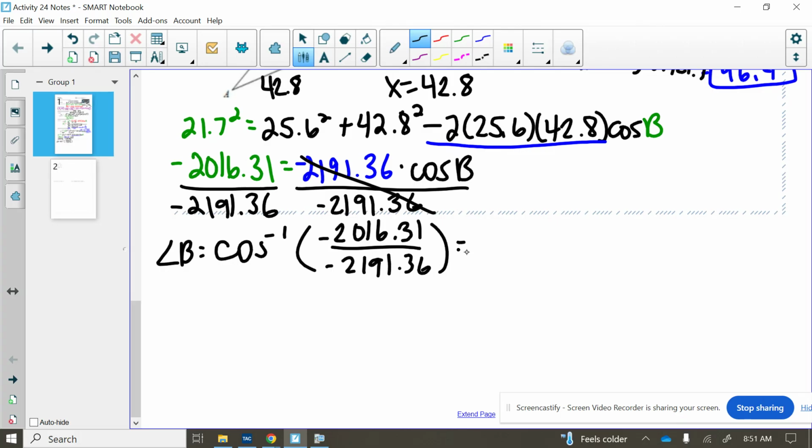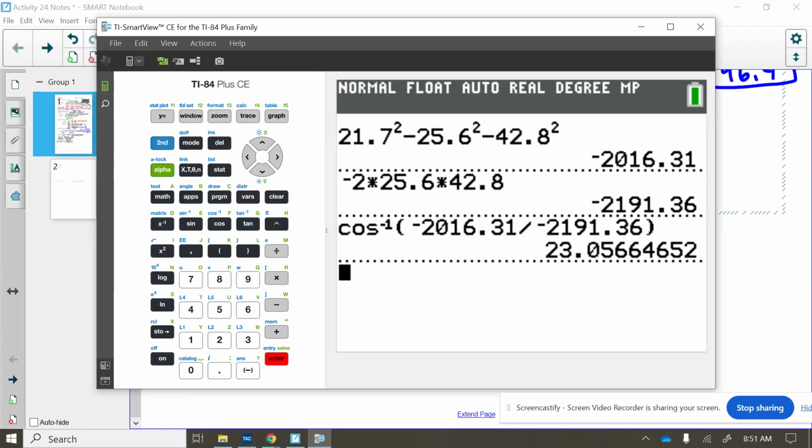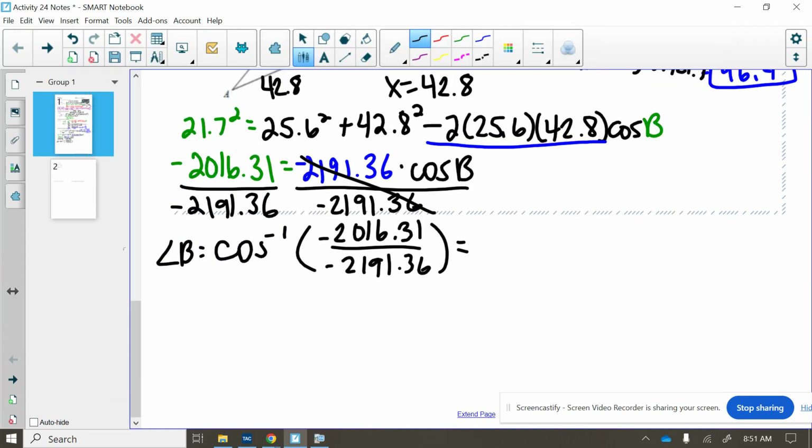And if we type this in the calculator, cosine inverse of negative 2016.31 divided by negative 2191.36, we get about 23.1 degrees.